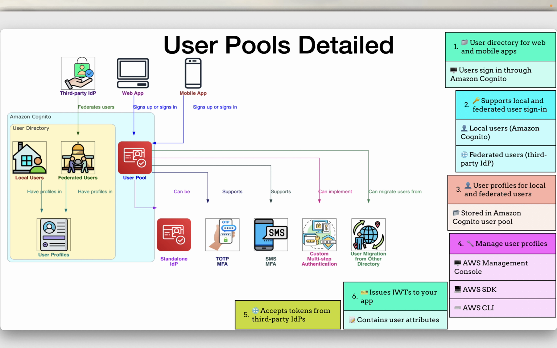Some attributes can come from the authoritative identity provider, not in Cognito, and some attributes can be there in the user profile within the user pool, and these attributes can be used for your application logic or attribute access control or role-based access control. In different ways you can mix these attributes and they are collected into the JSON web tokens, so that your application can make decisions based on those attributes. They will consume the JSON web tokens, which are issued to your application.